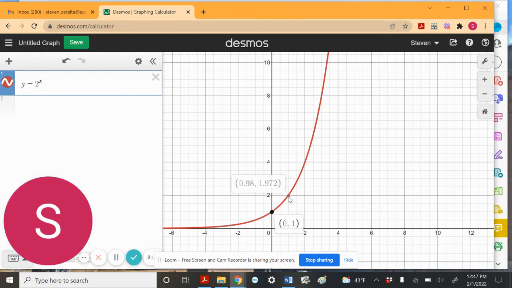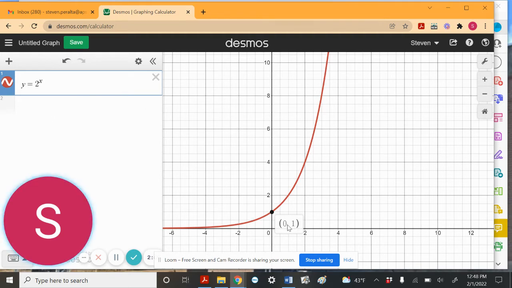And what I want you to recognize is 1, 2. And so if you use the x value of 1, notice up here, remember that point 1, 2. If I plug in a 1 here for x, I'm going to get 2 to the first power, which is, of course, 2, so y equals 2. So we can go through and look at how to do that as well.